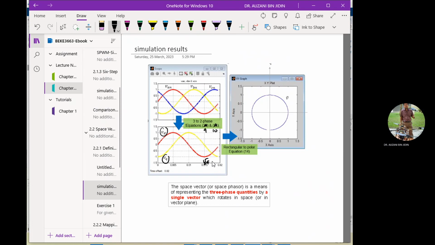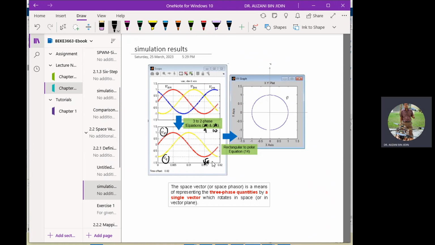Okay. Then after you get these two waveforms VD and VQ, you can plot the space vector on the DQ plane using the XY graph.